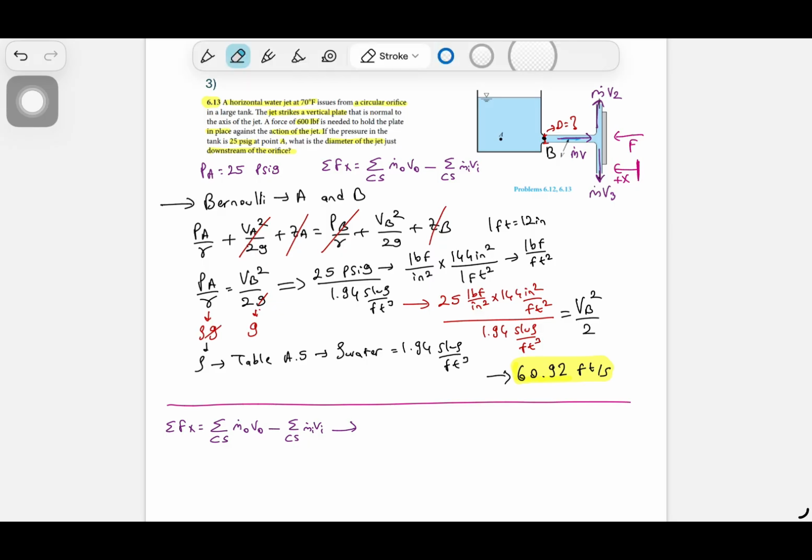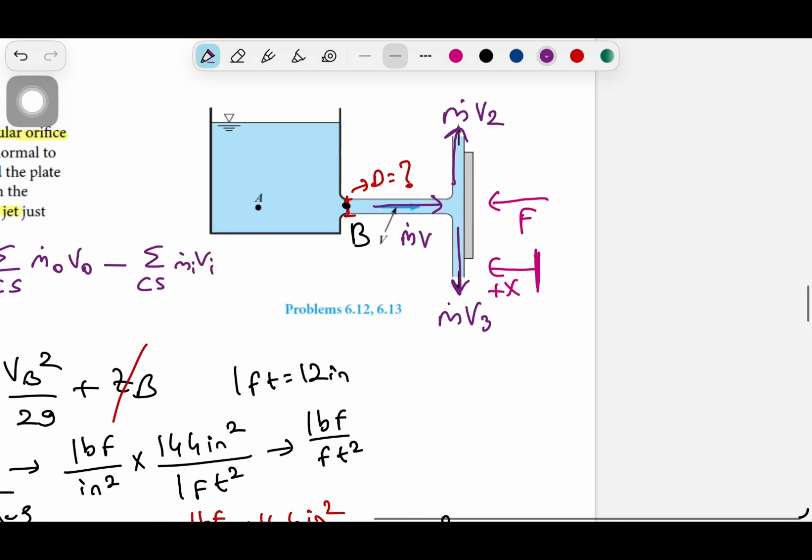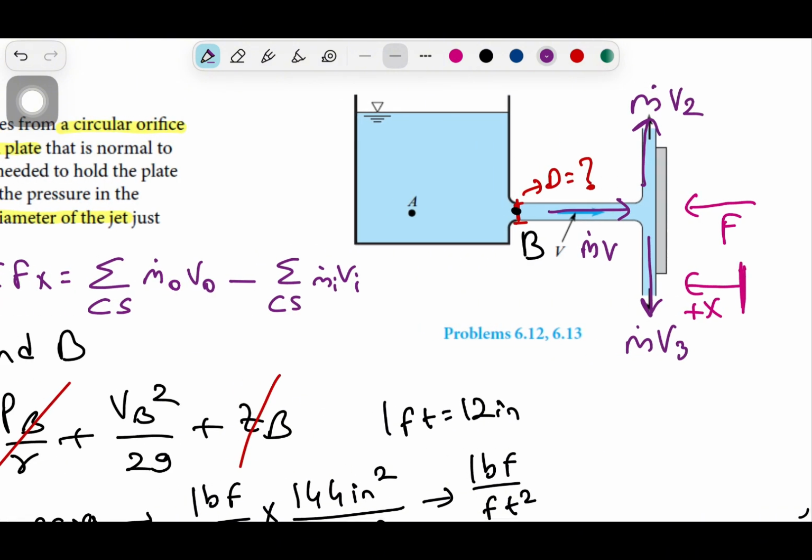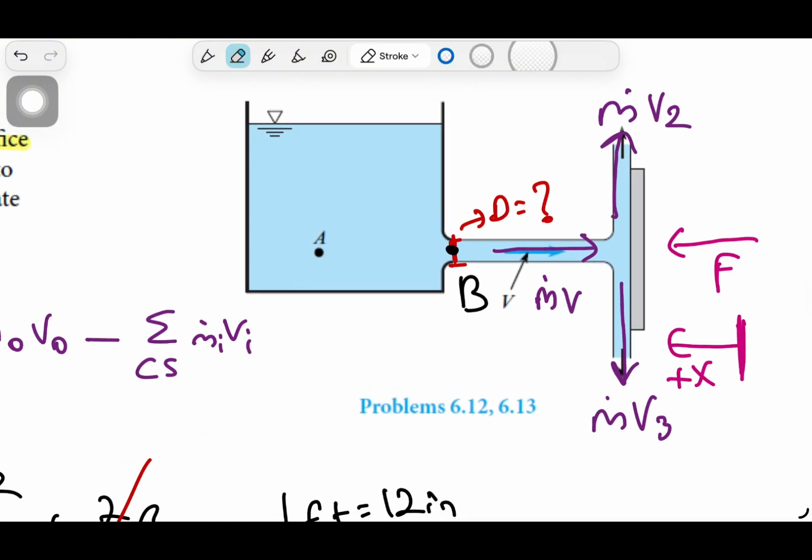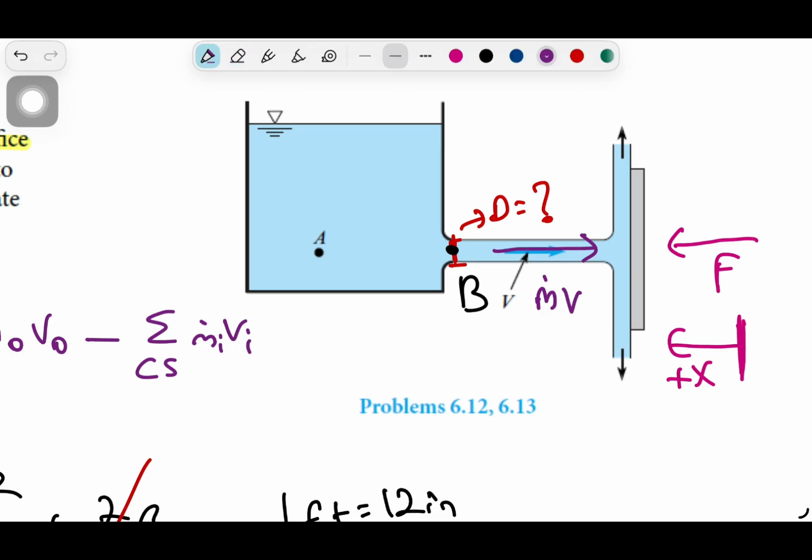So as we always do when we talk about change, it is actually out minus inflow. So if you look at this plate closely, we actually don't need to use these vertical forces for now, at least for this question.